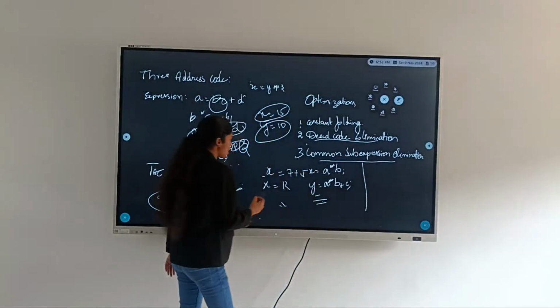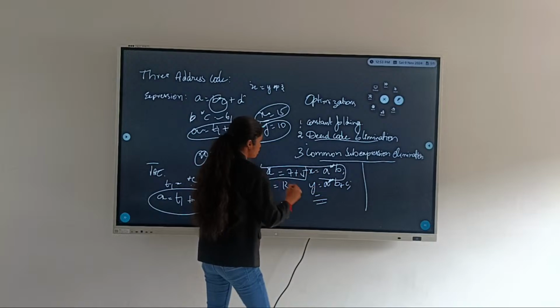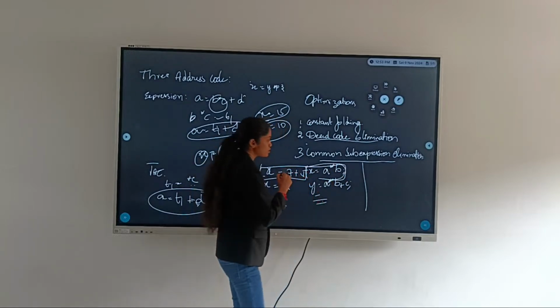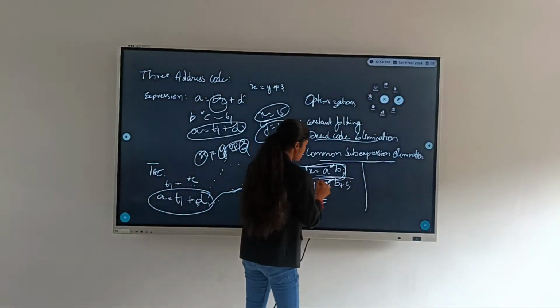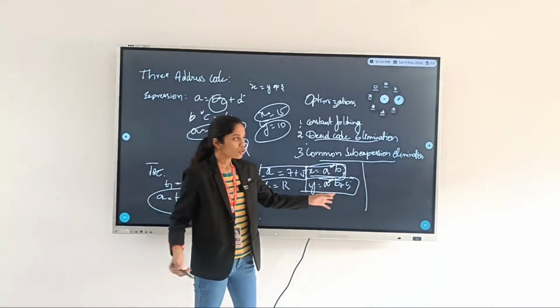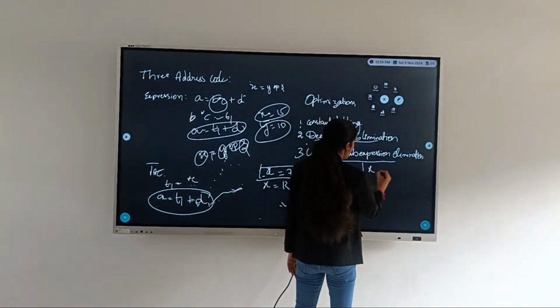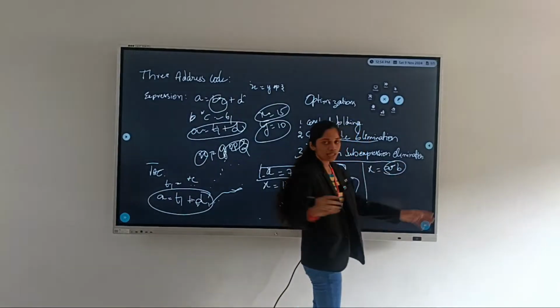Here we have an expression x = a * b in the first expression, and in the sub-expression y = a * b is repeated again here, right? So we consider x = a * b. I am going to consider a * b as c.